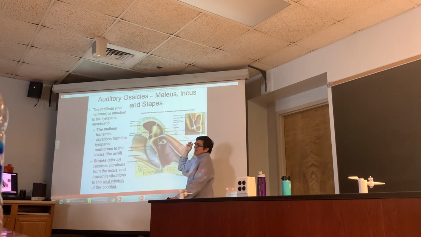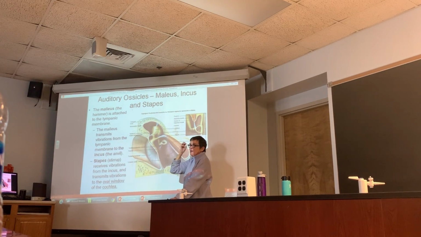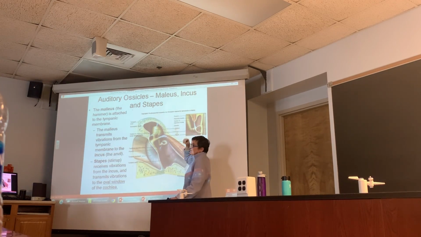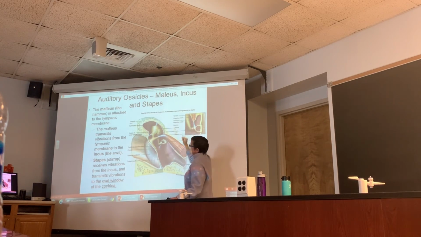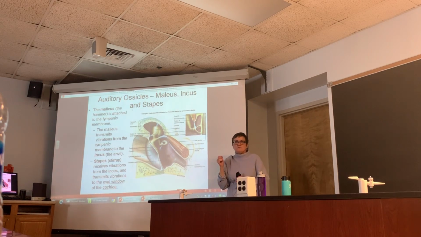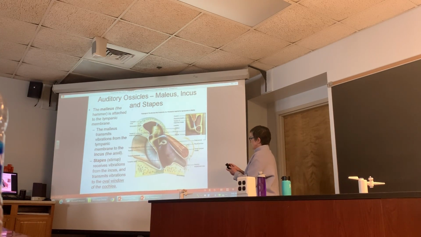And when you hear really loud sounds that make the bones vibrate too much, that muscle contracts a little bit, tightens the stapes a little bit to dampen some of that vibration to prevent nerve damage. So there is some mechanism of trying to prevent overstimulation of your spiral organs that are involved in sound, and we're going to look at that in just a minute. So there's a description of that stapedius muscle.